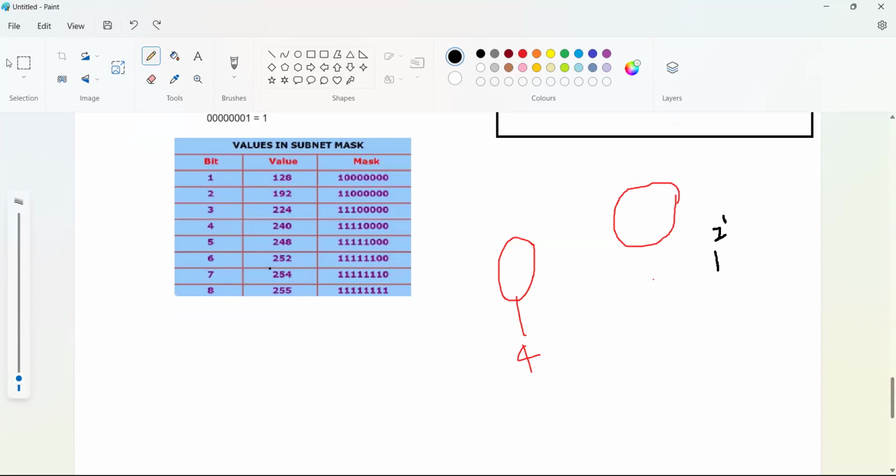If you place this value, what we did is place the value and subtract it from 255. In that 3, you will get this value, right? Minus 3. That's what I explained. Shortcut way. Now you understood? Fine.